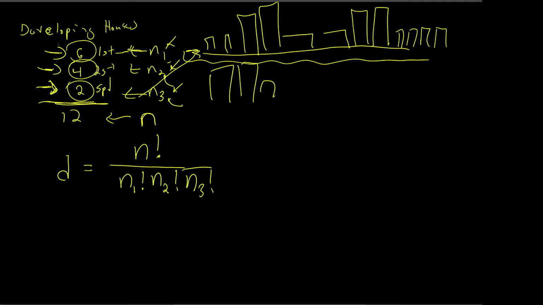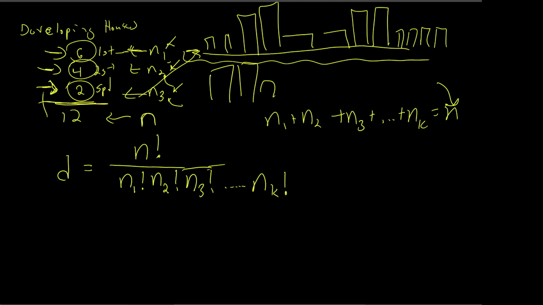Of course you could have more than 3 things in here, going up to however many things you have, but always the things you have add up to your total n. This is called distinguishable permutations.